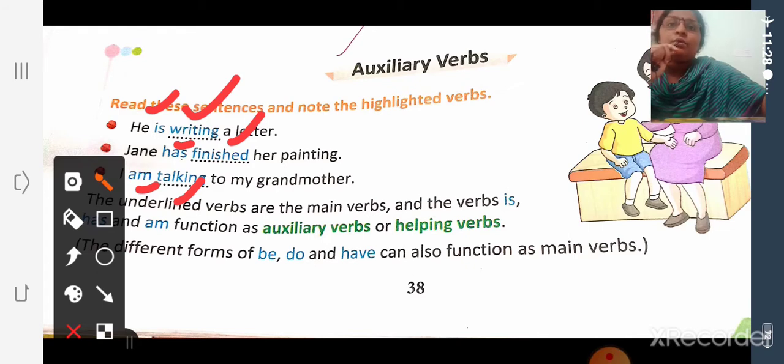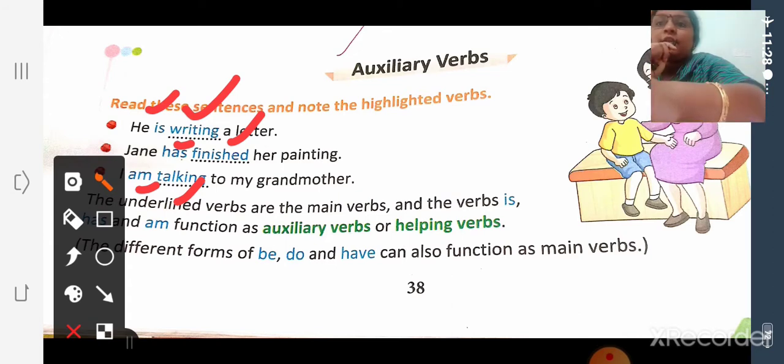So there are two types of auxiliary verbs in English: primary auxiliary and secondary. Secondary means modal auxiliaries. And different forms of be, do and have can also function as main verbs, sometimes, according to the sentence.